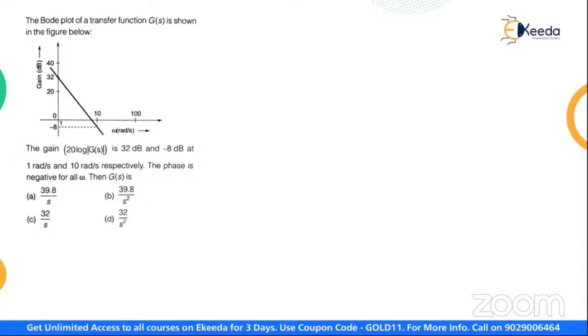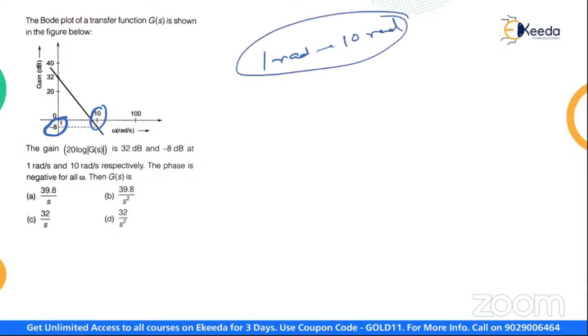Let us see what happens. From 1 radian to 10 radians, it is how much? It is 1 decade, correct or not? Yes, sir, it is 1 decade.